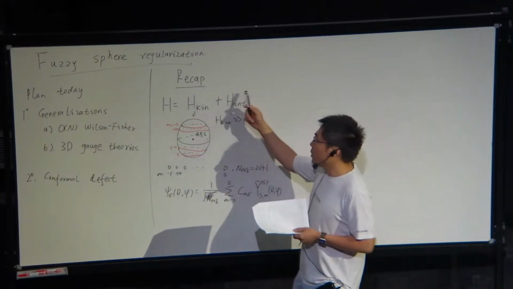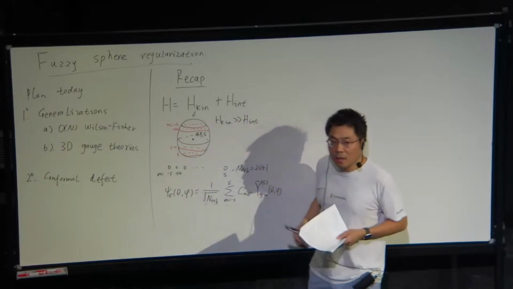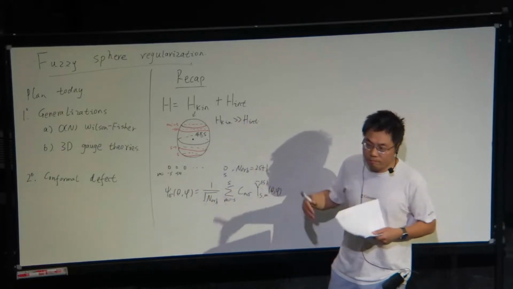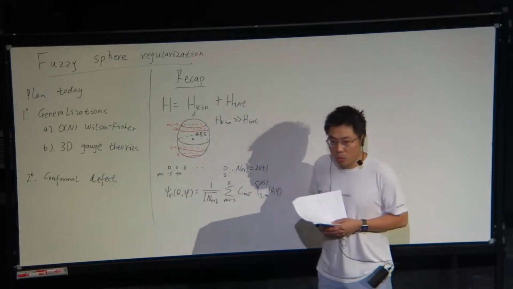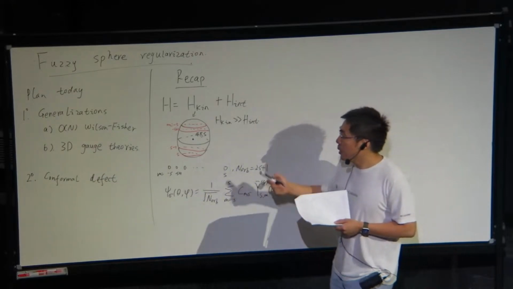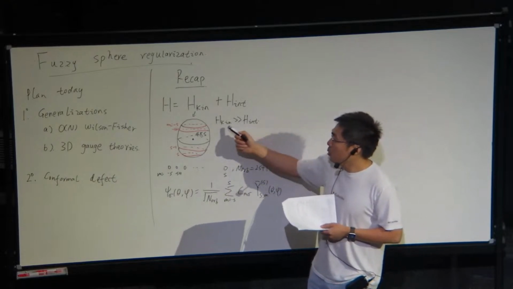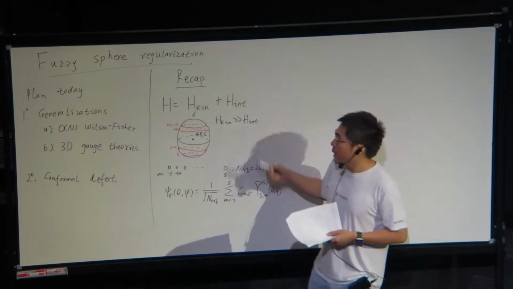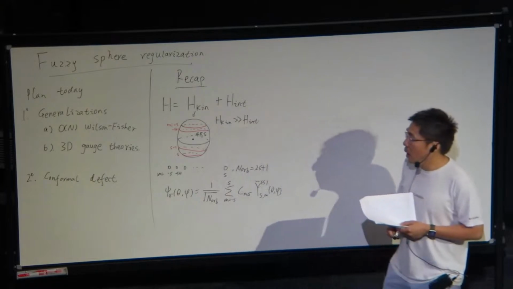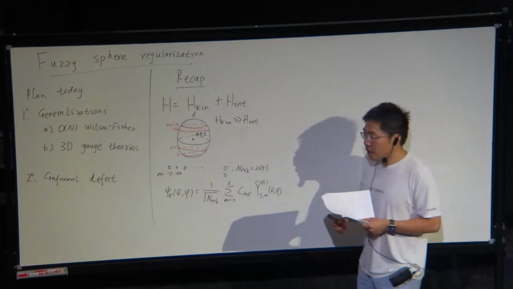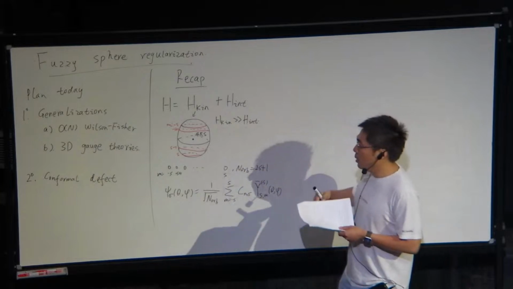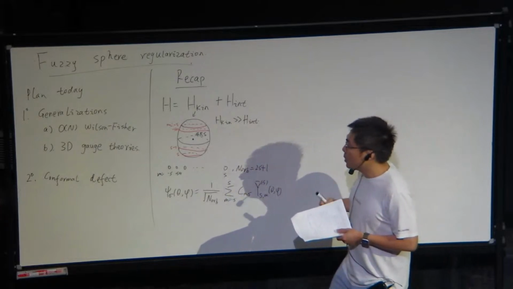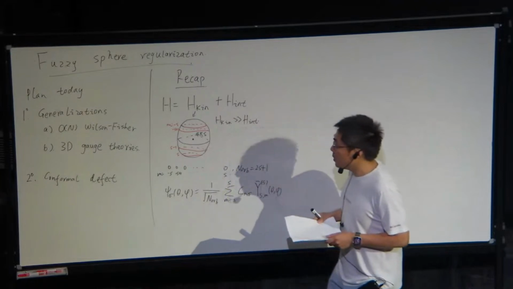And then I can also add some interactions that I like. Those interactions play a role in realizing phases and also CFTs that we want to study. In particular, we are going to consider a regime where the kinetic energy is much, much larger than the interaction energy, such that I can just project the entire system into the lowest Landau level. That's why we end up with a fuzzy sphere.